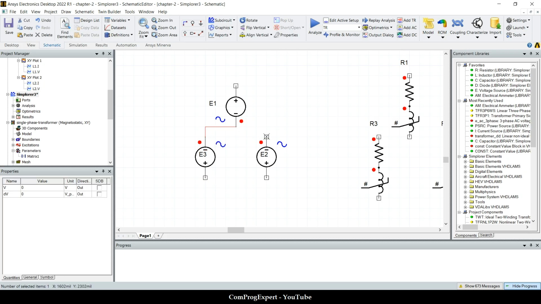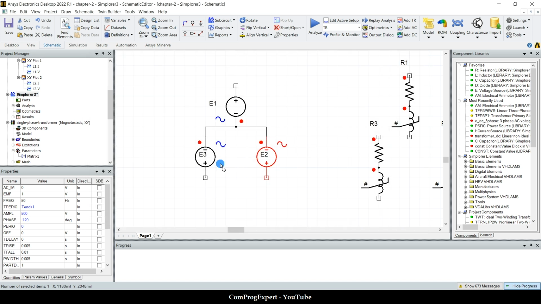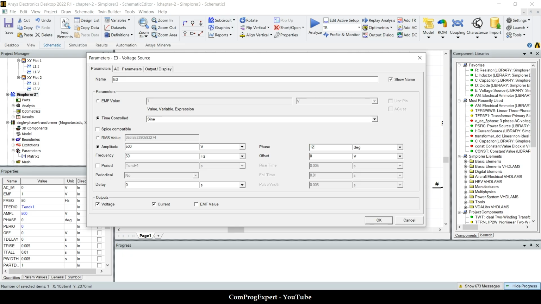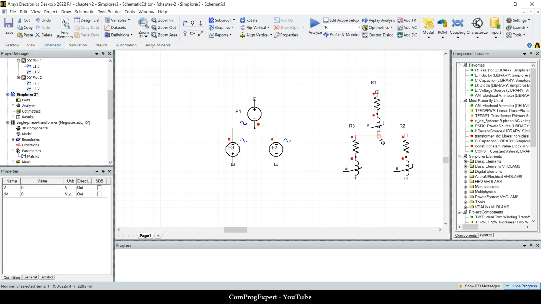A star connection. So the value of the phase is negative 120. The value of the phase for this voltage is 120. Let's perform this connection.